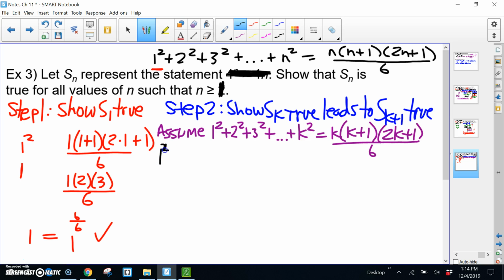So on the left side of our statement, it looks like we're copying it down. But we actually have to go one more, okay? The next term added on there is just going to be k plus 1 squared.